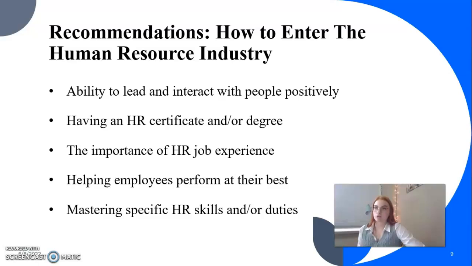And it's also a good tip to master specific skills and duties that are expected of an HR professional, because it will set you apart come hiring time or promotion time, and it kind of just gives you a leg up.